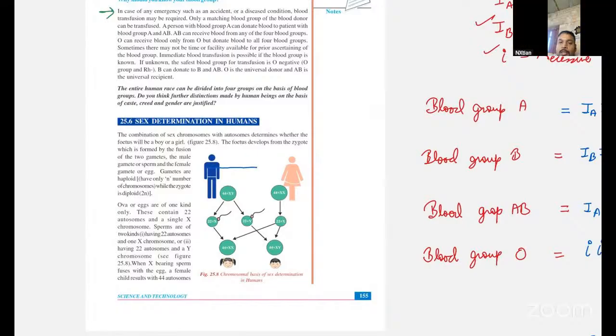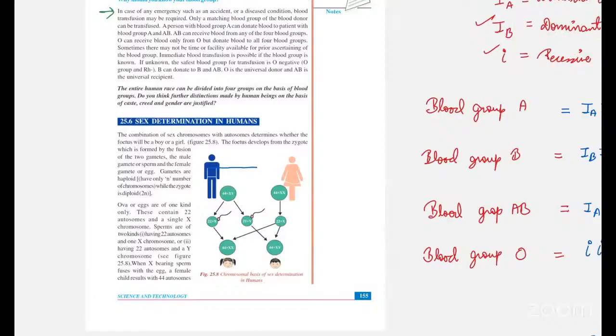Because either you can have IB, or you can have IB small i. Both of my parents are B, so I'm also B. Yeah. But still it's not confirmed that you will have a pure IB, meaning capital IB, capital IB. You can have capital IB and small i, or you can have capital IB, capital IB.